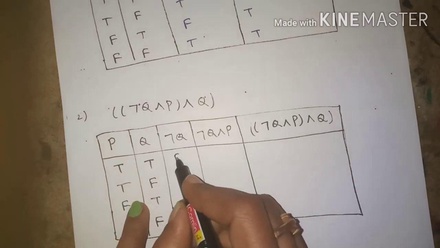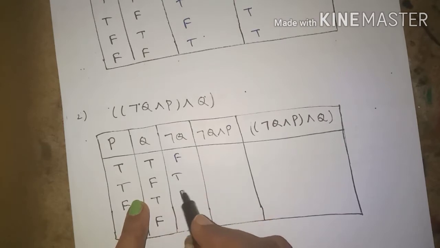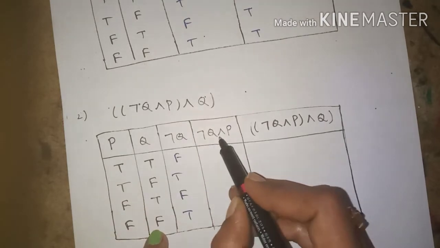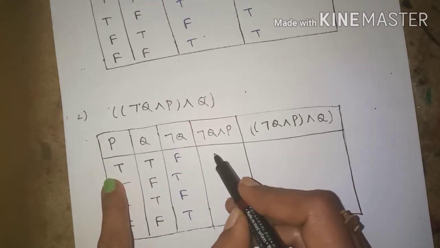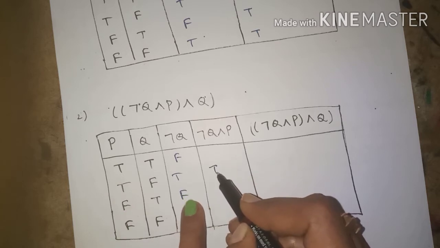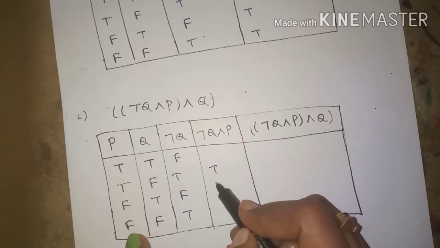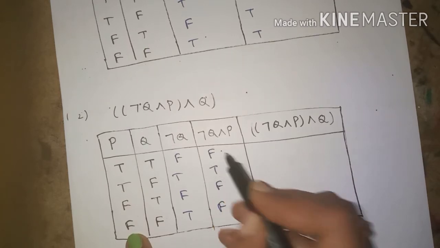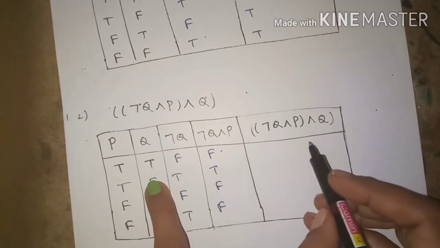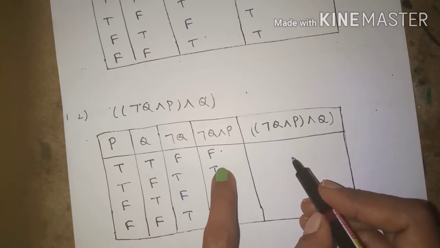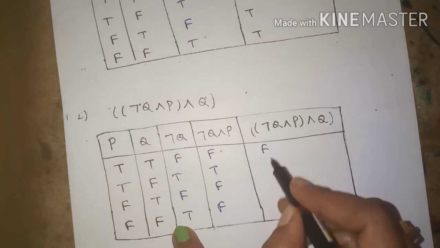This is the second one. Q, not Q: F, T, F, T. Now not Q and P. TT gives T. In the remaining cases, F. Now this one and Q. Therefore all F's.